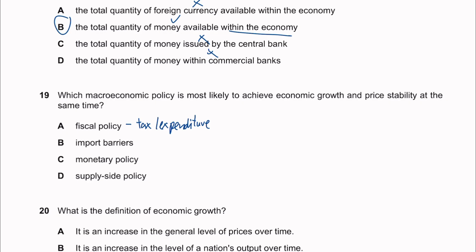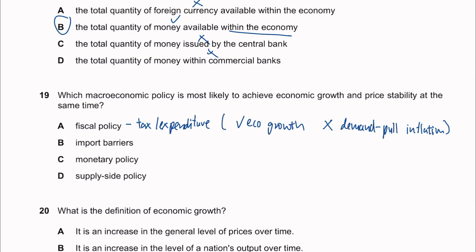This is to boost economic growth. Yes, this is correct. However, this can cause inflation. Because you have higher spending, this will cause an increase in consumption, an increase in demand. So the price may be a bit unstable because there's a possibility of demand-pull inflation.